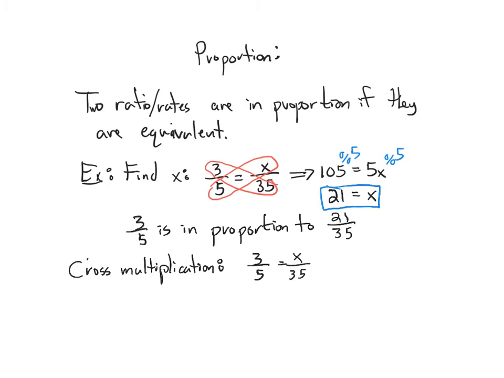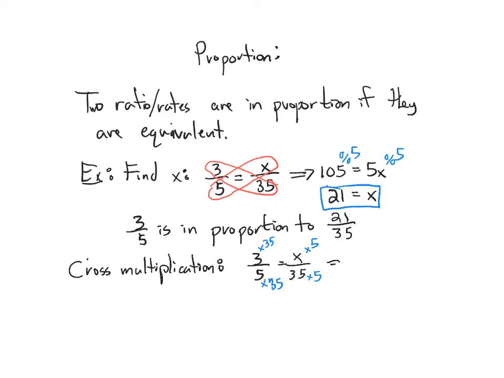So I'm going to multiply our first rate, or ratio, by 35 on the top and bottom. And the second ratio, I'm going to multiply by 5, just the opposite denominator. Just like with equivalent fractions, it will give us the same denominator or bottom number.